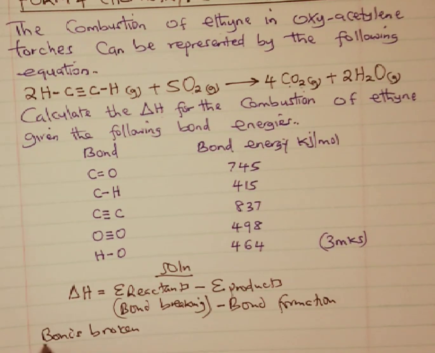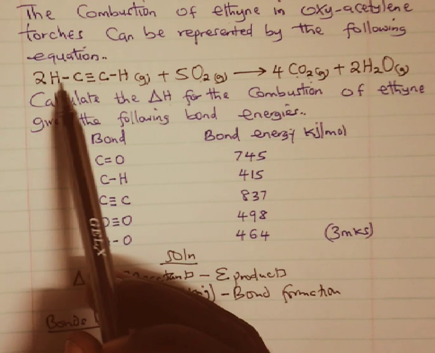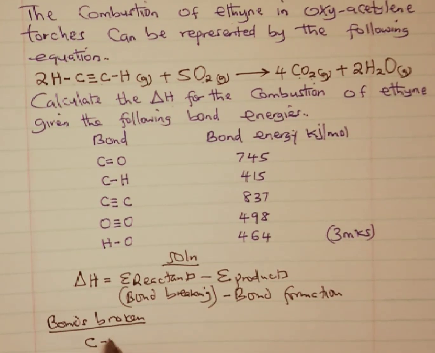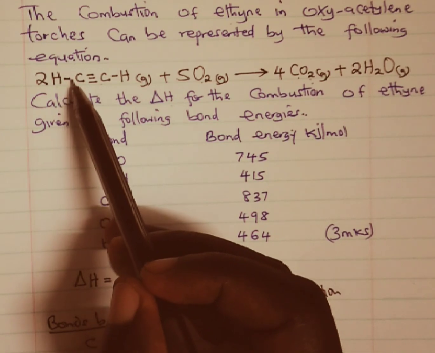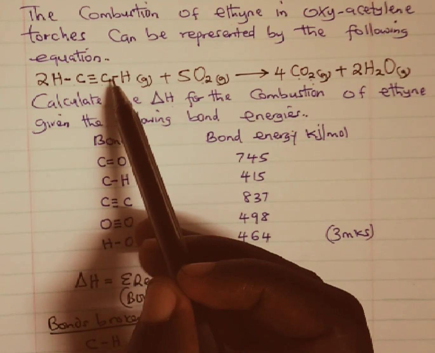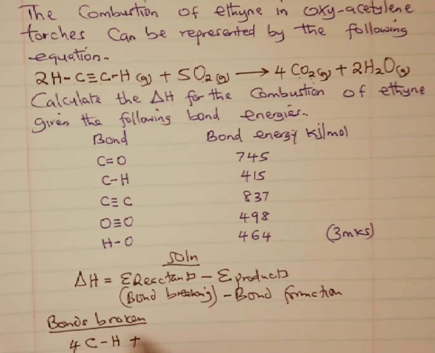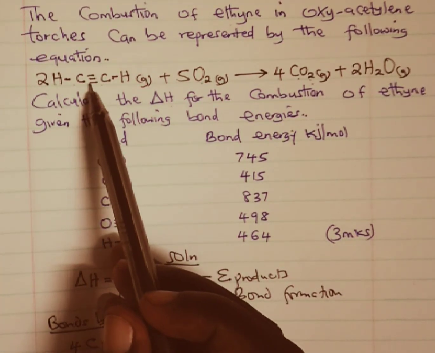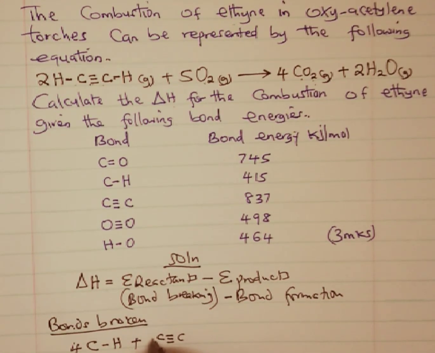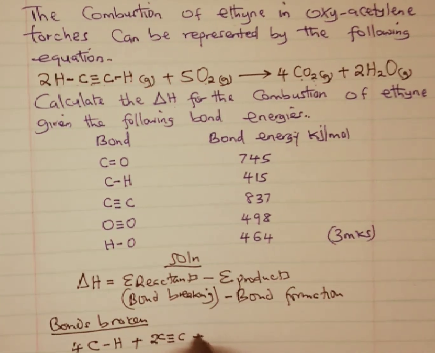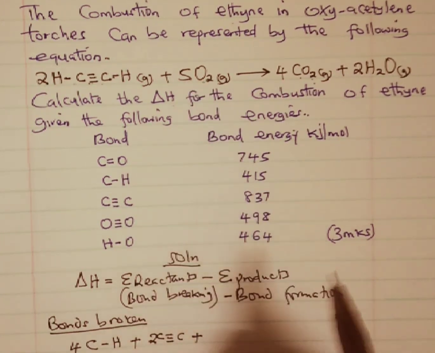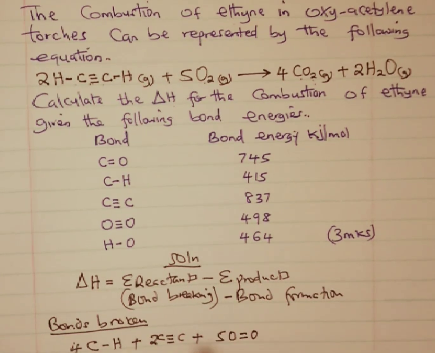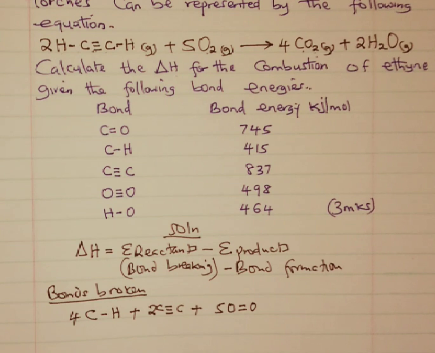The bonds broken represent the reactant side, and in this case we are going to have the C-H bond, and we have 2 C-H bonds times 2 giving us 4, plus we have the C triple bond that is also going to be broken, and since we have 2 moles, we are going to multiply this by 2, then plus, of course, we have 5 moles of oxygen being broken in that particular case.